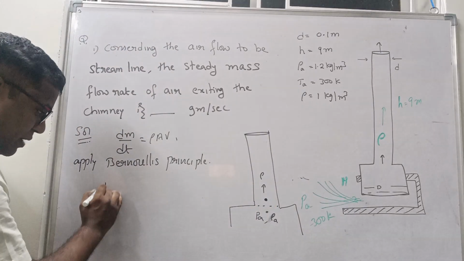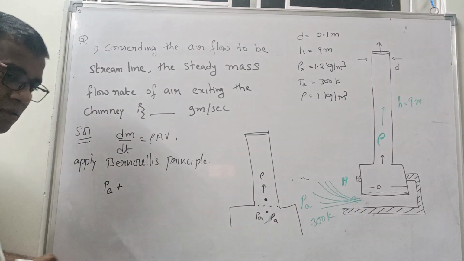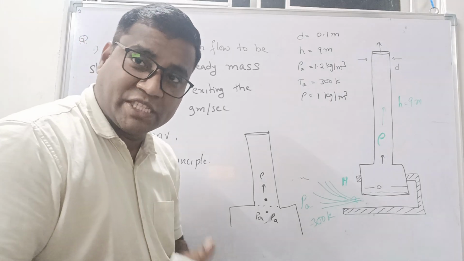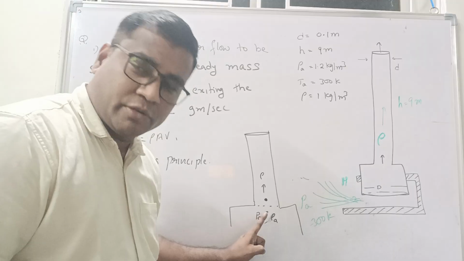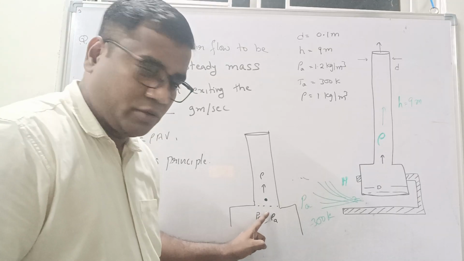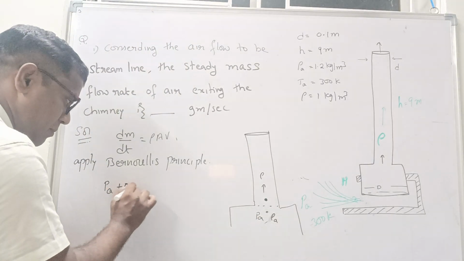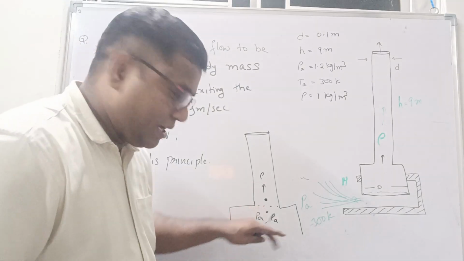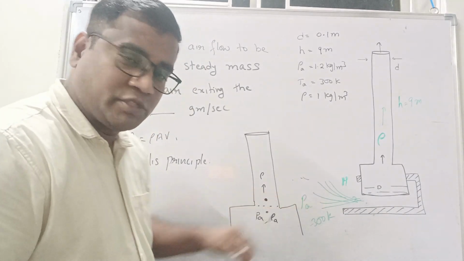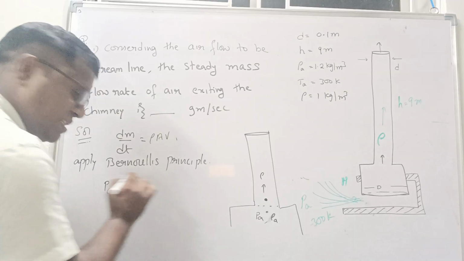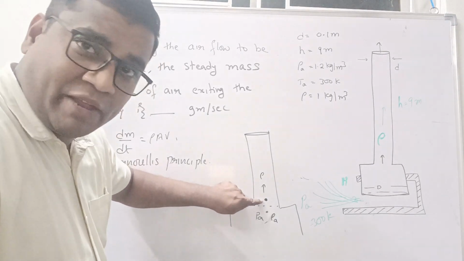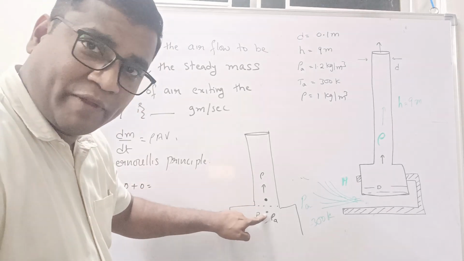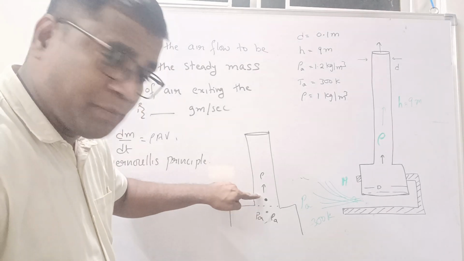At this point we consider the velocity to be 0, and since it is the reference line, the height is also 0. At the other point I want to calculate the pressure. Let this point be A and the other point be B.